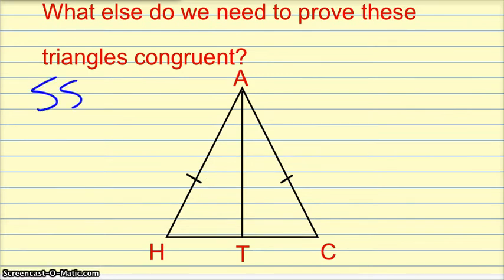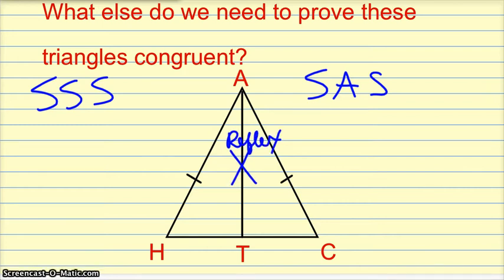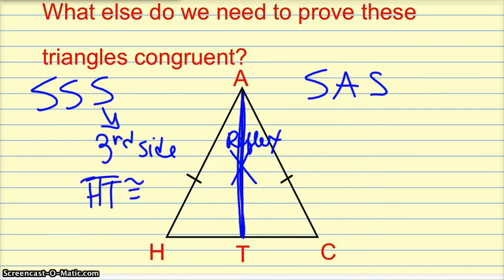What else do we need to prove the triangle is congruent? We have two methods currently, side, side, side and side, angle, side. Looking at this diagram, I can use the reflexive property to assume that AT is congruent to itself. So if we're going to use side, side, side, we'd need the third side. If we're going to use side, angle, side, well, I have the sides.